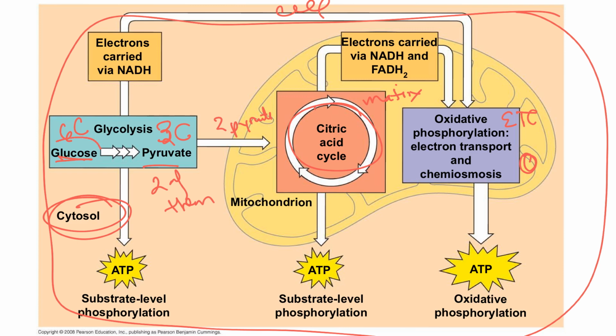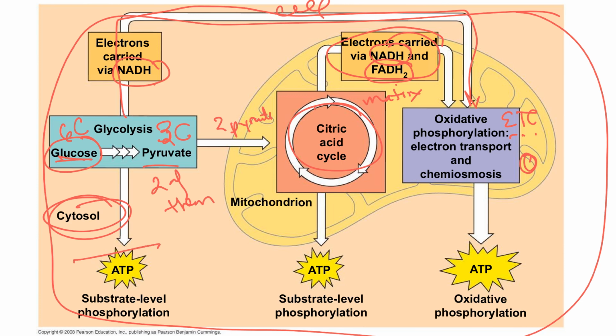So I'm stripping electrons from my fuel, and the electrons are going to be shuttled to the electron transport chain in glycolysis and also in the Krebs cycle. And you're going to see NADHs and also a cousin coenzyme that is an electron carrier called FADH2 that can also carry some high energy electrons for me.